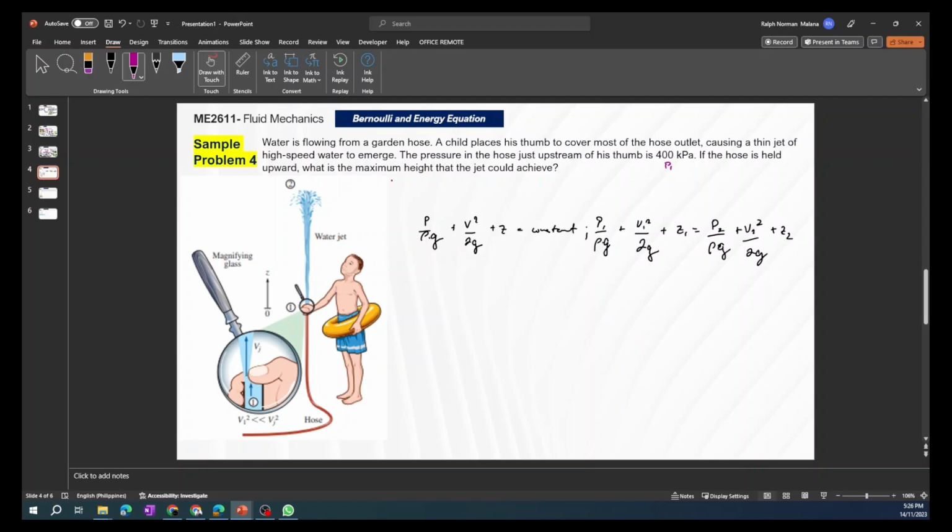We know that at maximum height, our V2, our final velocity, is probably 0. We know that the acceleration due to gravity is assumed to be 9.8 meters per second squared. We're talking about water here, so we know that density is 1,000 kilograms per cubic meter.